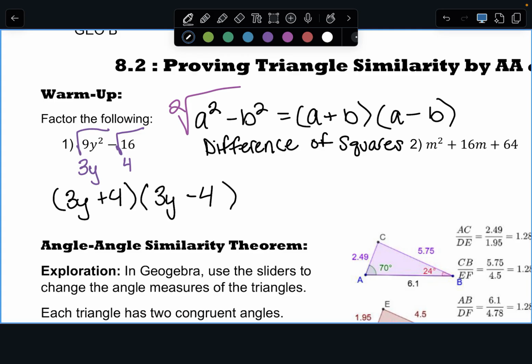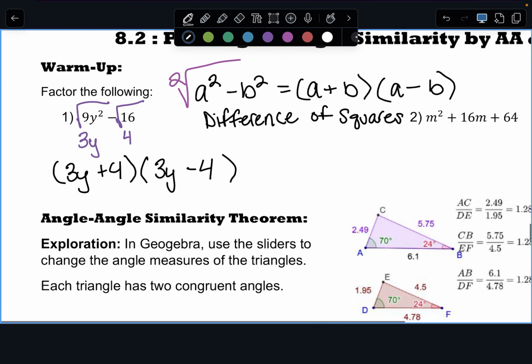We are subtracting two perfect squares, a difference of squares. You'll talk more about it in Algebra 2, but that's a little sneak peek. Questions on any of that? We take the square root of each piece and put a plus and a minus in between. That's our final answer.